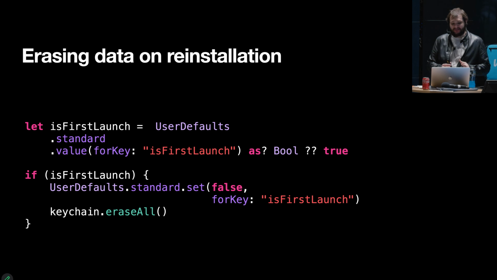Usually this code is used where you add some flag into user defaults, like, is it first launch? And if it is a first launch, if you cannot retrieve this value, then you erase the keychain from the reinstallation. And then you continue launch and setting that key again.